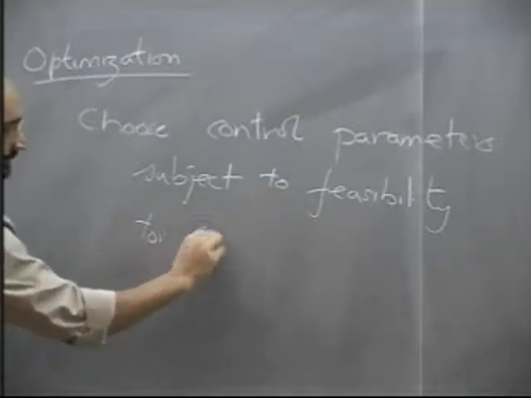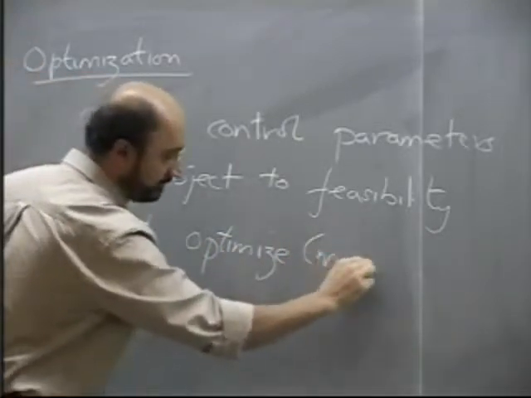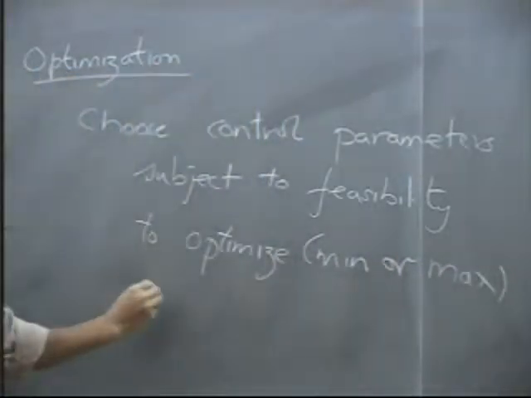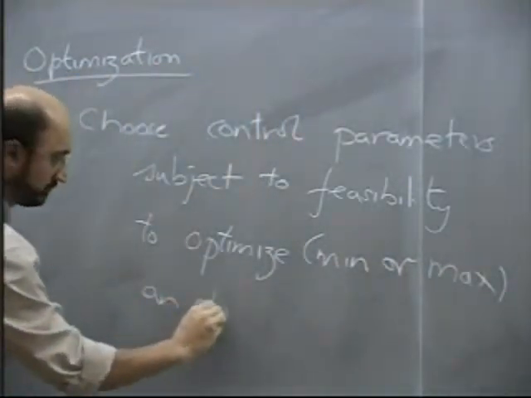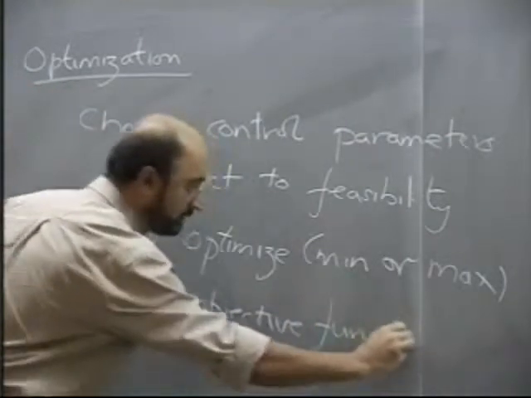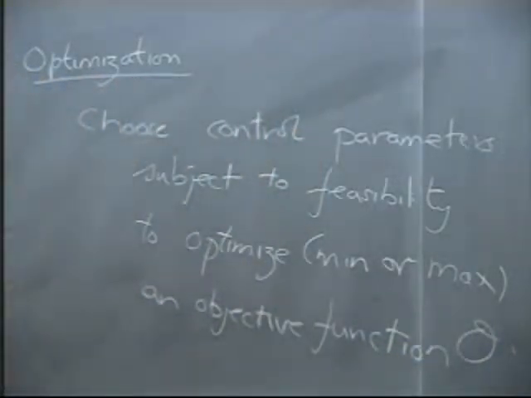To optimize. Okay? That's it. In a nutshell. Your one sentence definition: choose the control parameters, subject to feasibility, to optimize an objective function O. Okay? And that is sort of the whole thing.